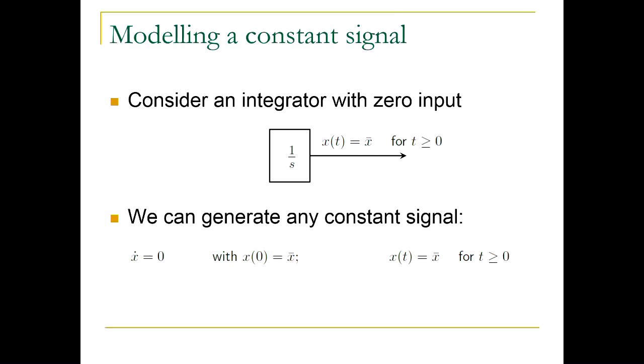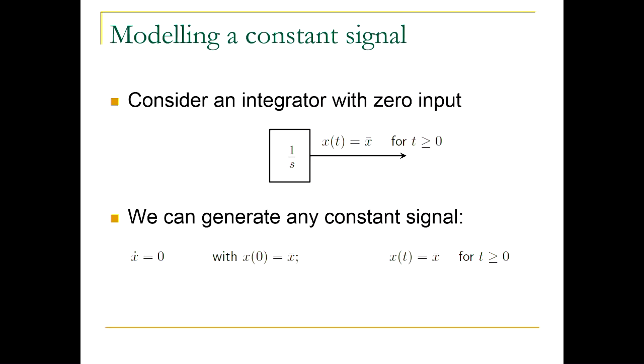So note that the model of the integrator, if there was an input, is x dot equal u, right? That's the model of the integrator. So if you find a transfer function of that, that would be exactly that thing. But when you set input equal to 0, you get this.